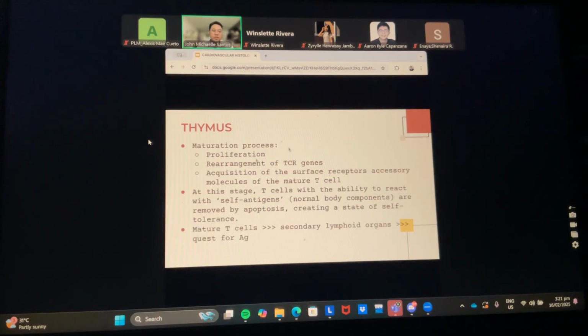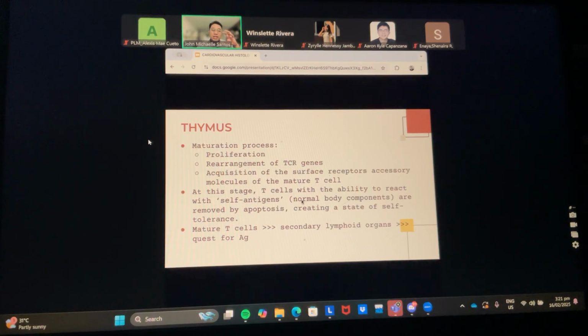Okay, so for the maturation process, dito nagproliferate, and then the rearrangement of your T cell receptor genes and the acquisition of surface receptors and accessory molecules to your T cells. Dito kumbaga nabibinyagan yung T cells mo as to magiging CD4 ba sila or CD8. Okay?